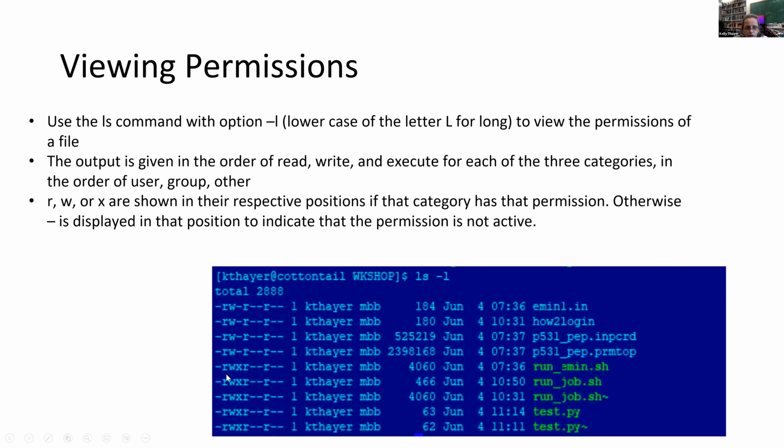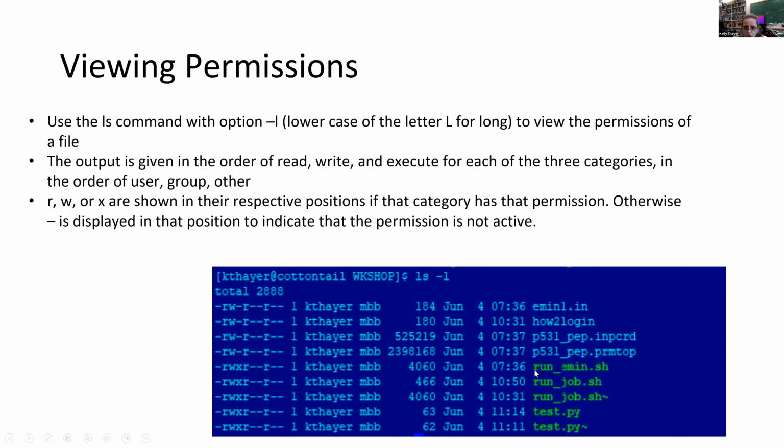All right, now here's one that's kind of interesting. So this is a run emin.sh. This is the actual bash script that will execute the energy minimization, which will make use of the emin1.in to configure it as the input for an energy minimization.